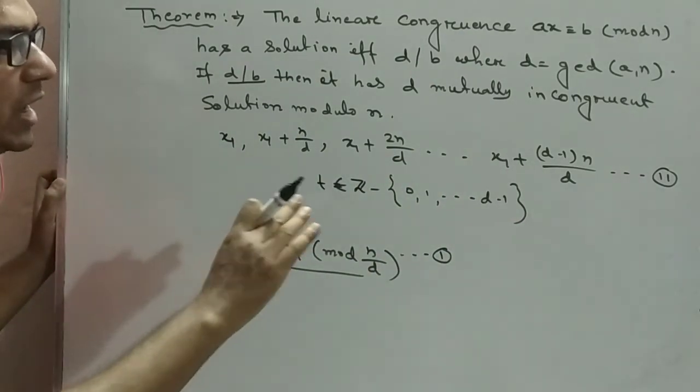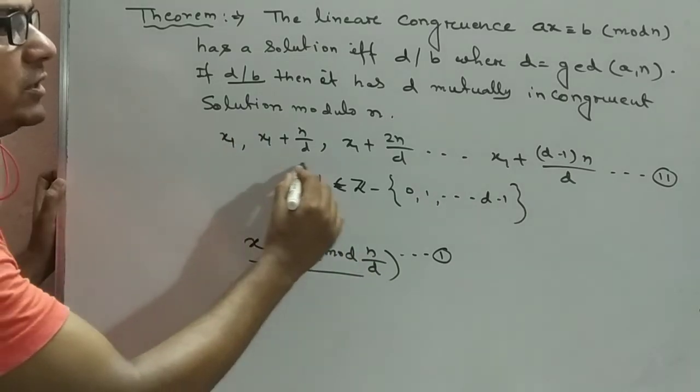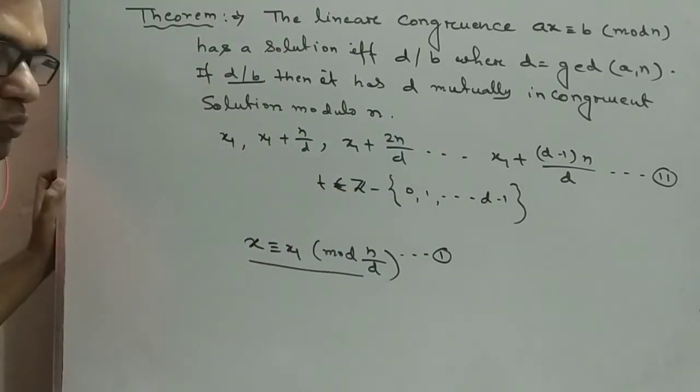All the other values are congruent to someone in the list of 2.